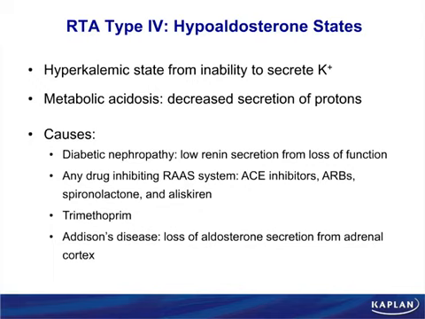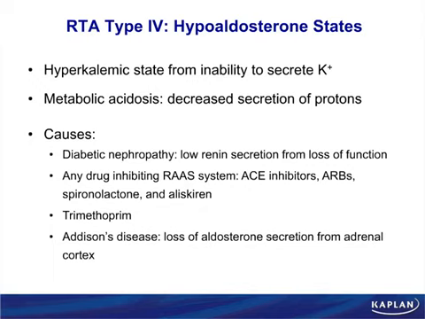What are the causes of a hypoaldosterone state? Well, we could commonly see it in diabetic nephropathy. In diabetic nephropathy, you have a low renin state. So this is a hyporenin, hypoaldosteronism. We commonly see it in any drug that inhibits the RAS system: ACE inhibitors, ARBs, spironolactone, eplerenone, aliskiren.